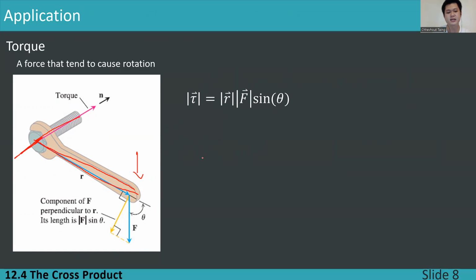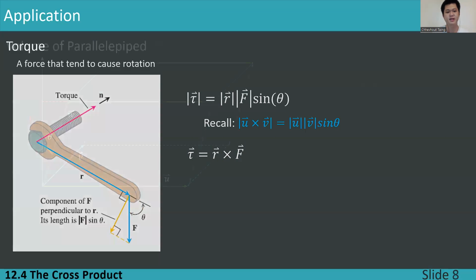Theta is the angle between F and R. If you look carefully, this formula again is similar to the formula of magnitude of u cross v, which means that you can write torque in vector form as vector torque is equal to vector R cross vector F, which is the cross product.